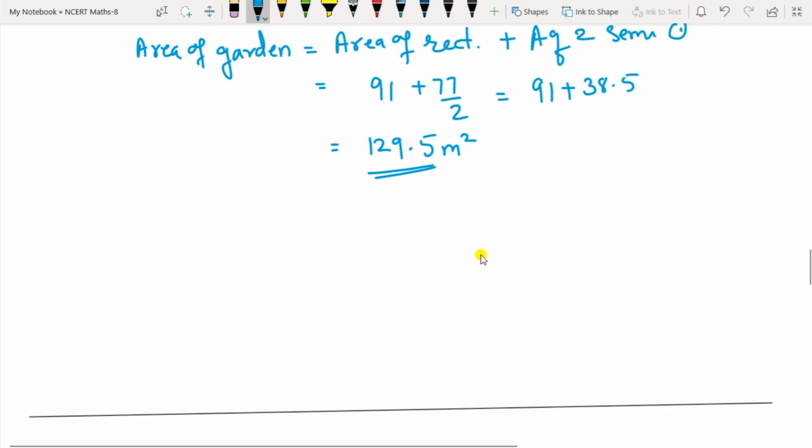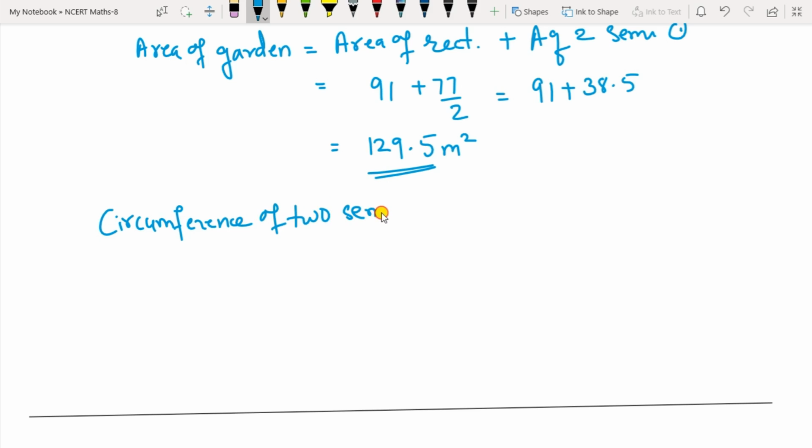Okay. Now you want to find the perimeter also. So for that we will find the circumference of the two semicircles. If the two semicircles are joined together, they form one circle.